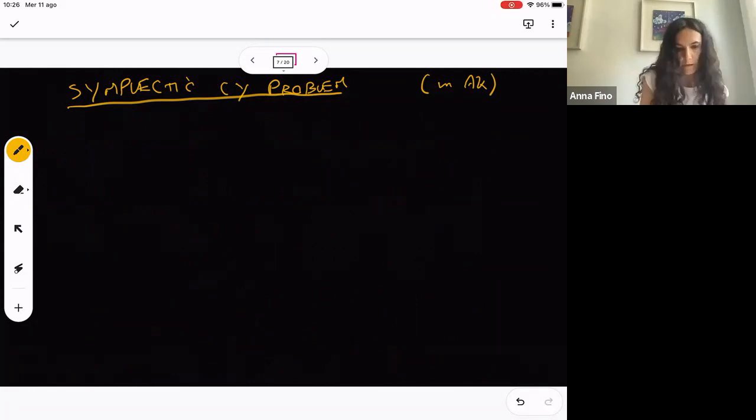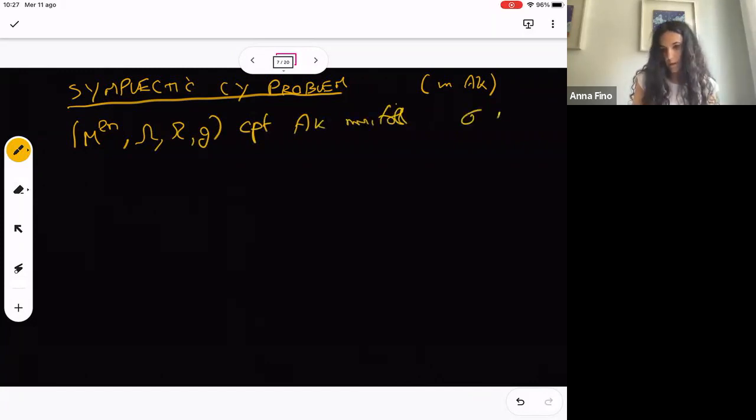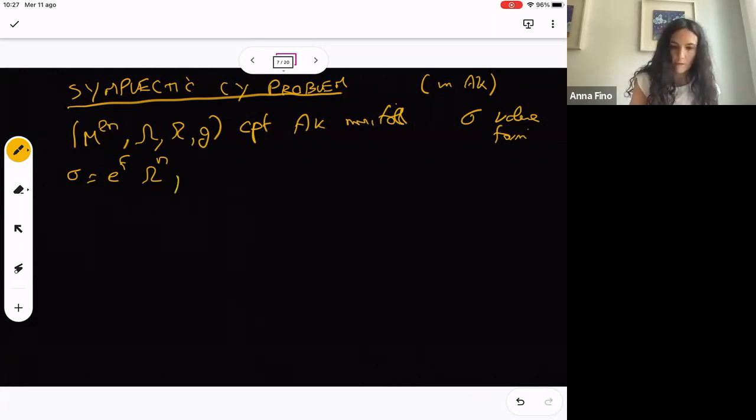So we start with (M, J, omega), a compact almost complex manifold. In this case we take sigma again a volume form, a multiple by a positive function of omega^n. Then we have the normalizing condition like before.